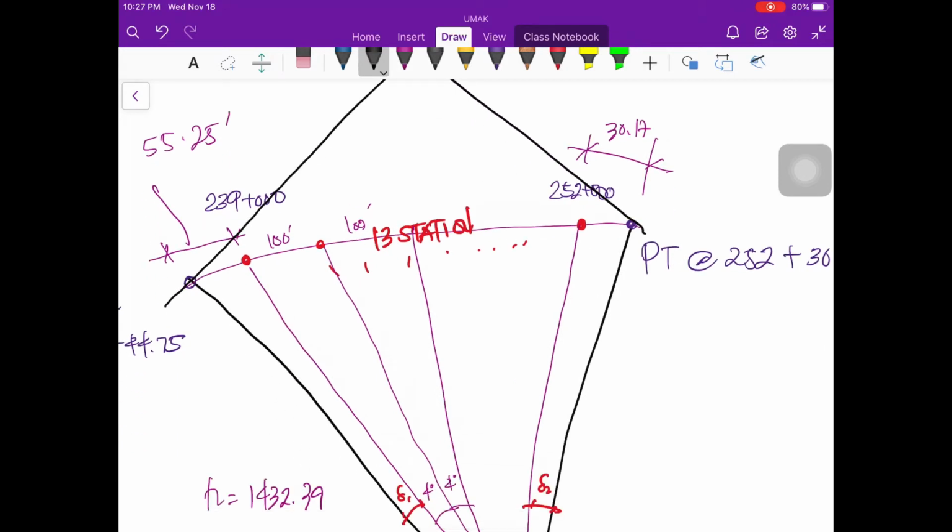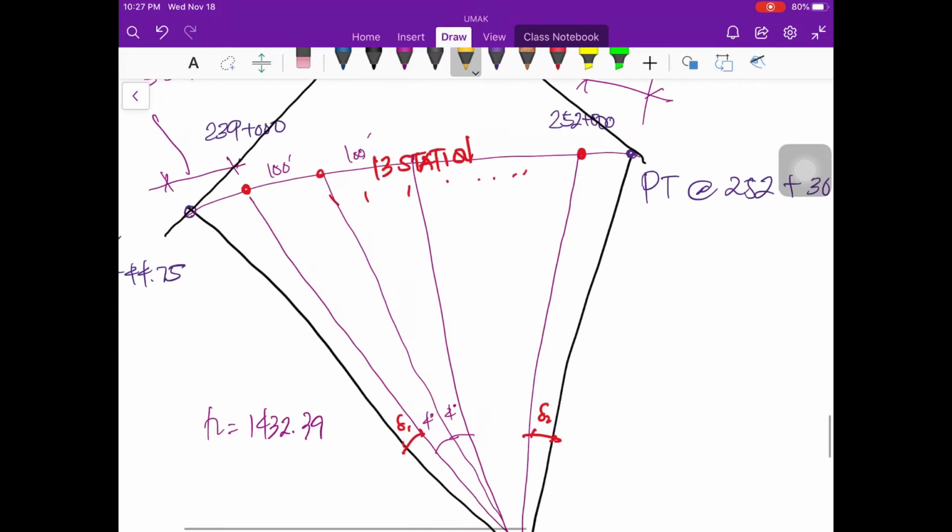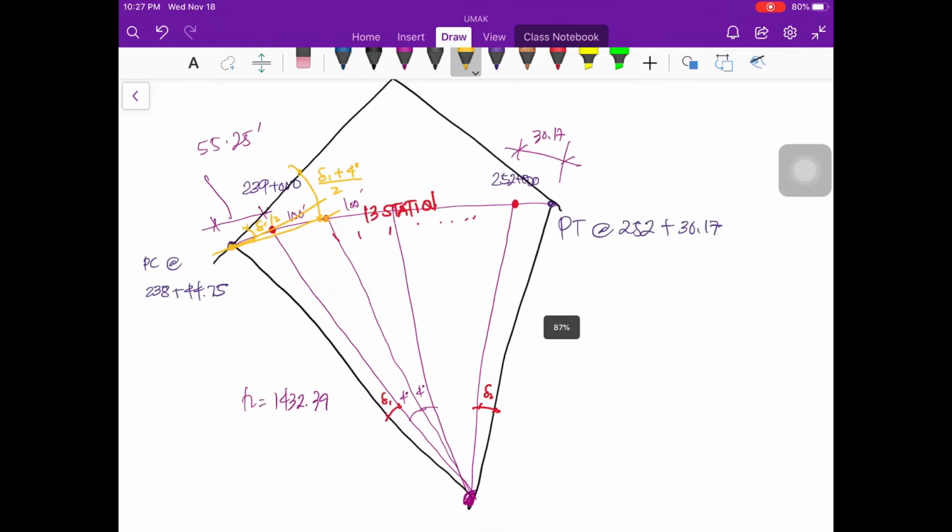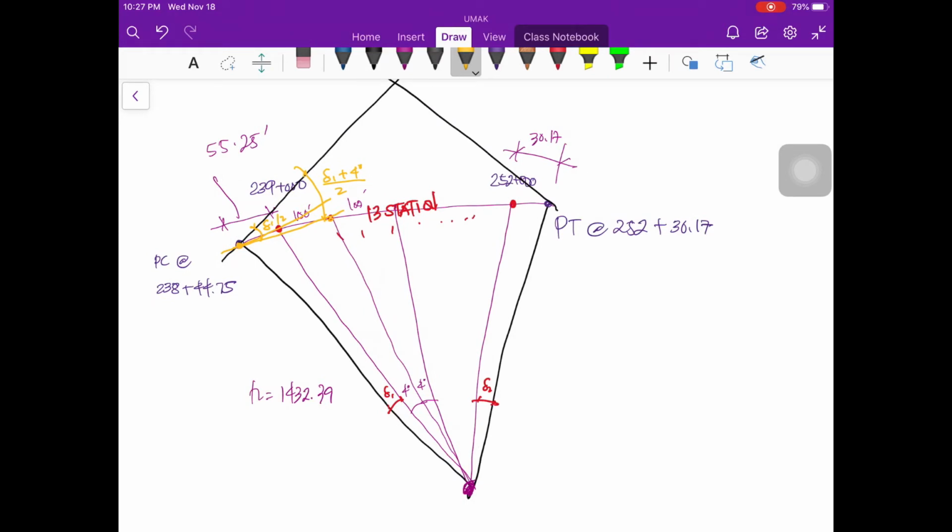If you remember the last topic that I discussed, if this is gamma 1, the angle between the first station, the line connecting the PC and the first station, is half of gamma 1, right? On the next viewpoint, if you connect this PC to the next station, the angle between will be gamma 1 plus 4 degrees, all over 2. So, referring to the past topic that I discussed, those are the rules that we are following here.